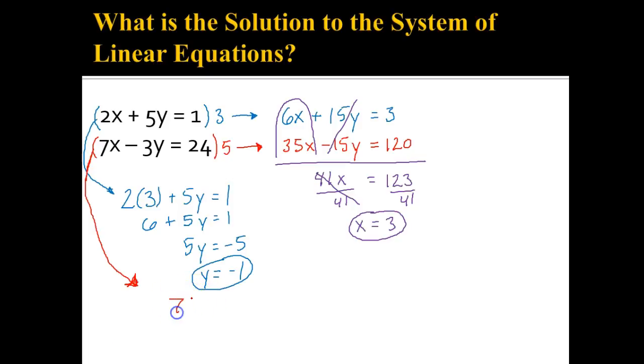So 7 times x, which is 3, minus 3 times y, which is negative 1, equals 24. 7 times 3 is 21. Negative 3 times negative 1 is positive 3. And 21 plus 3 does indeed equal 24. So that's just a quick check to make sure that I was getting the right answer here.